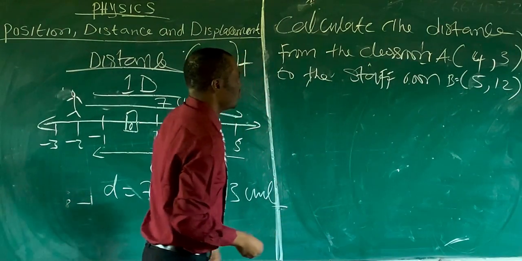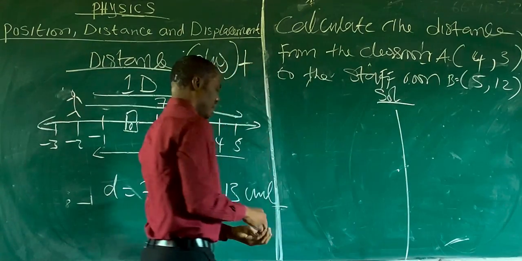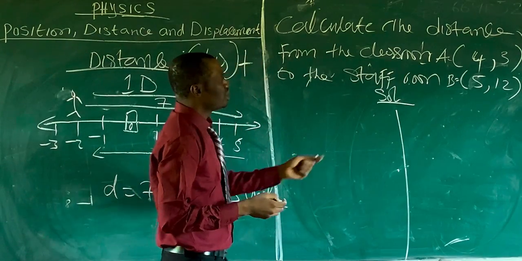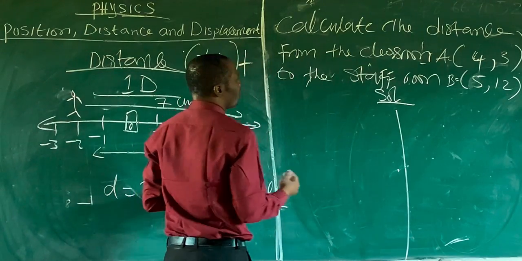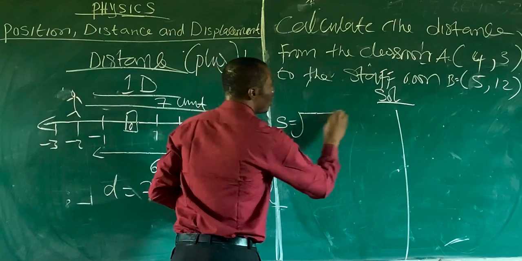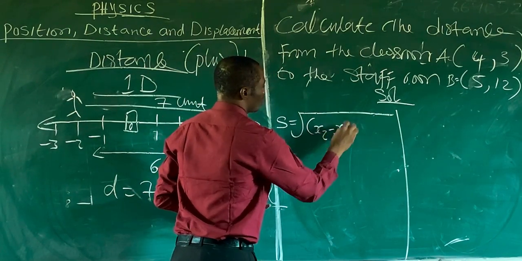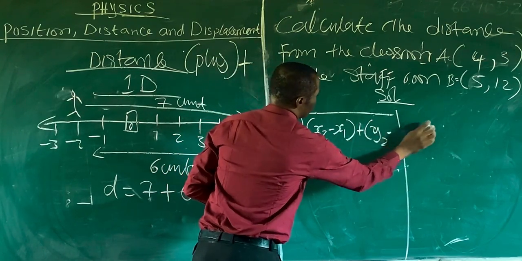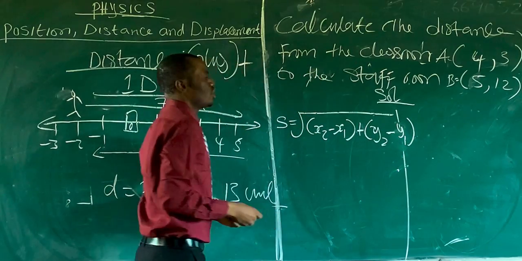Now, how do you solve this? Solution. Draw a line. The solution to this is that we need to bring out the parameters. We know that the formula to use is the distance d equals the square root of (x2 minus x1) all squared plus (y2 minus y1) all squared.